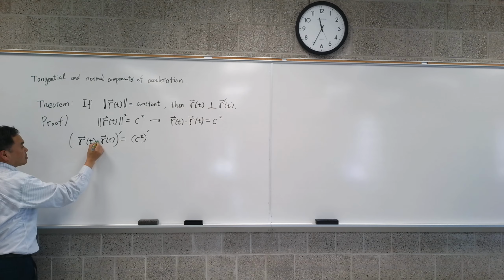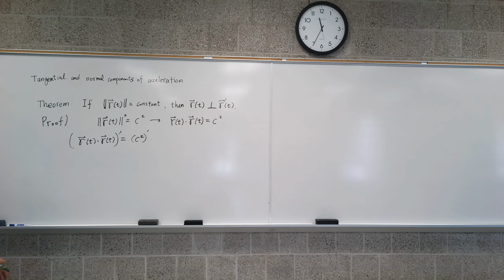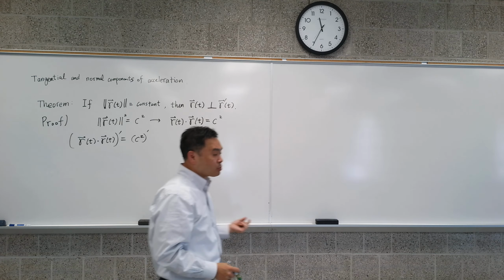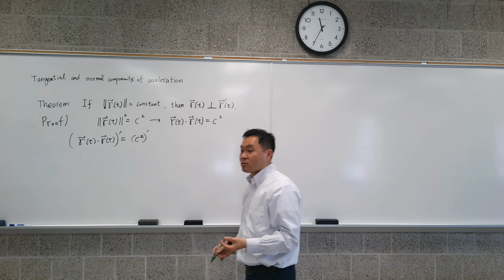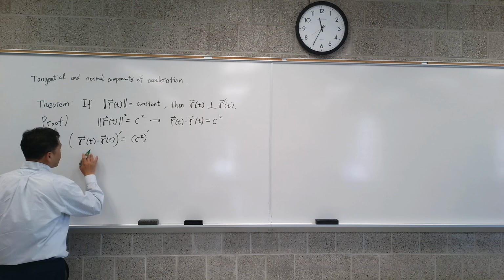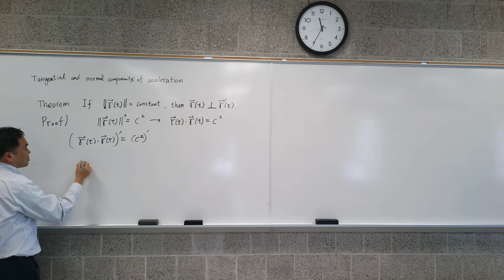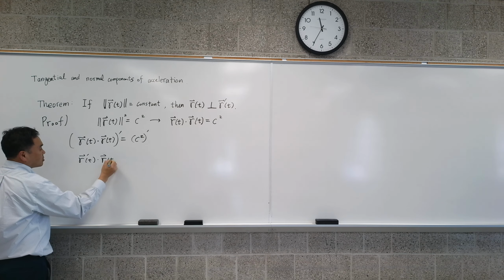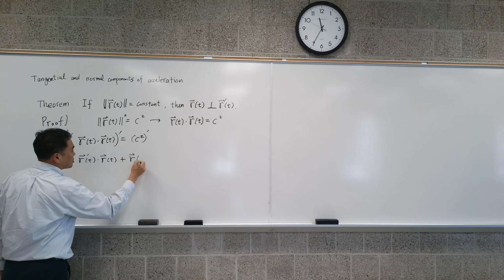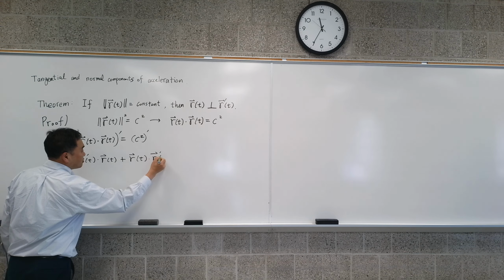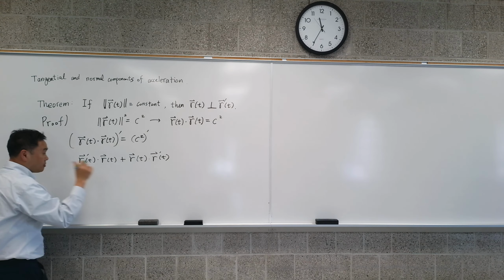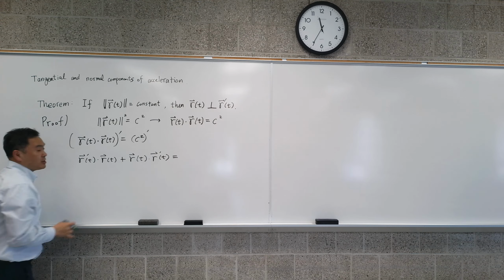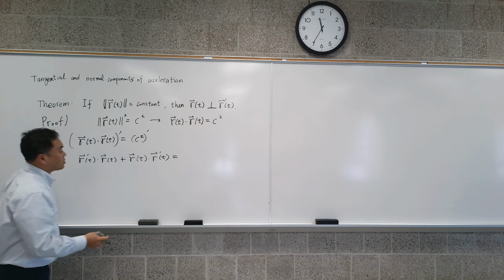While this is not the regular multiplication, there's a dot product version of the product rule. You can show that this is the same thing as applying the product rule. Whereas on the right side, it's just a constant, so if you differentiate, you get 0.